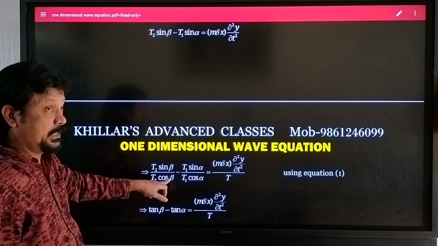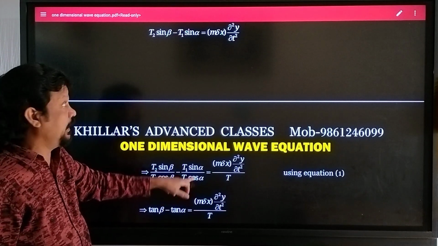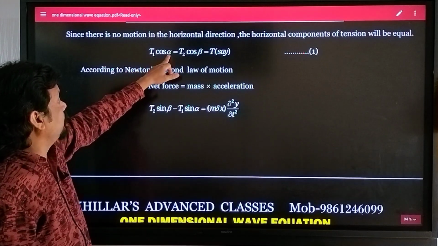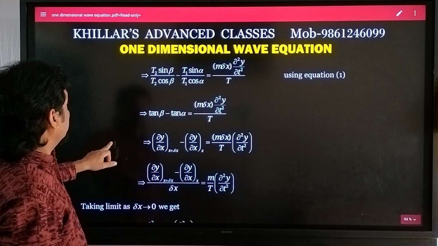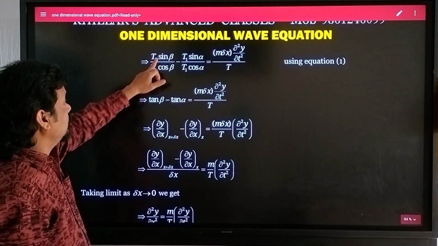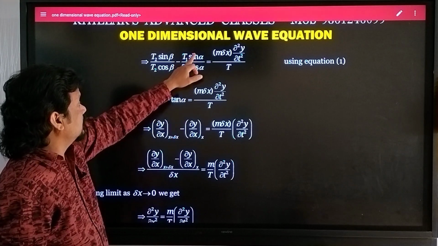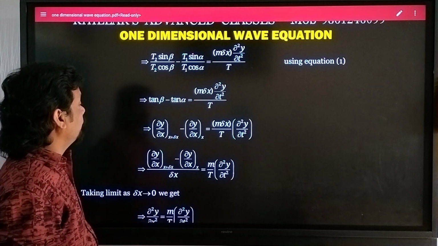And here it is T1, so I have taken T1 cos alpha in place of T. And here I have kept T, because I have already taken T1 cos alpha equal to T2 cos beta equal to T. So now see here, T2 cancels out, sin beta by cos beta is tan beta, and T1 cancels out, sin alpha by cos alpha is tan alpha, and this remains the same.